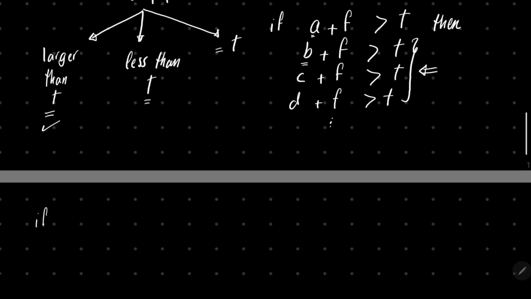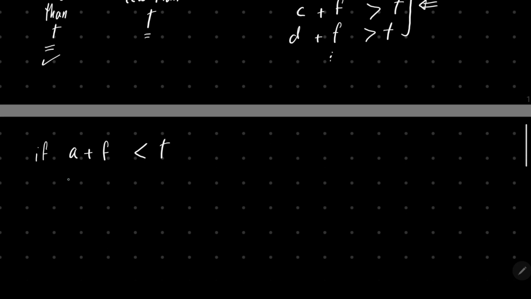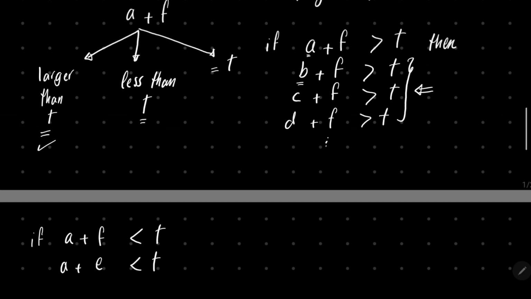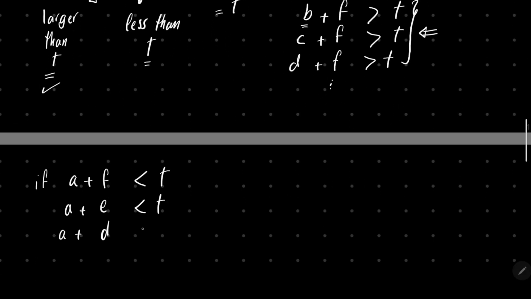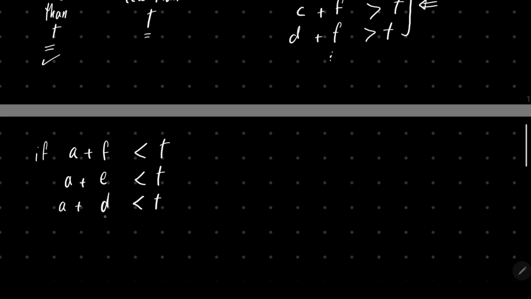If A plus F is less than T, that means A plus E is also less than T, and A plus D is less than T. Which means I should not try anything else with A. Why is that?